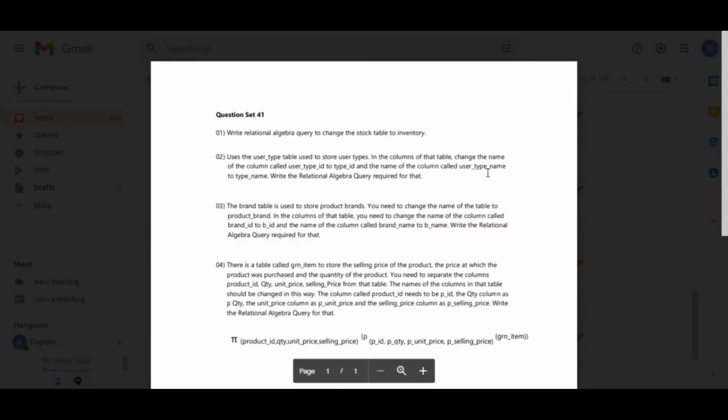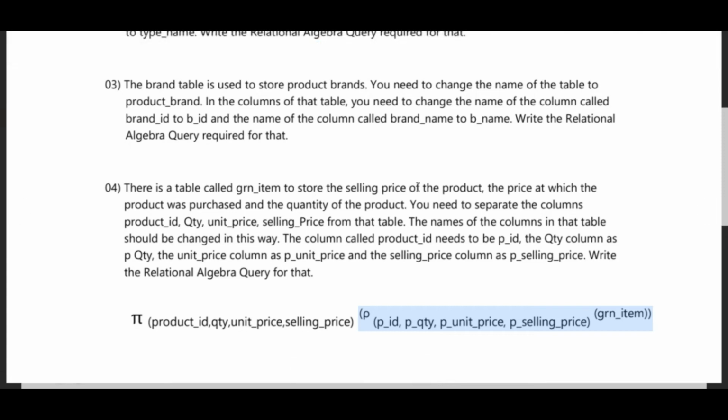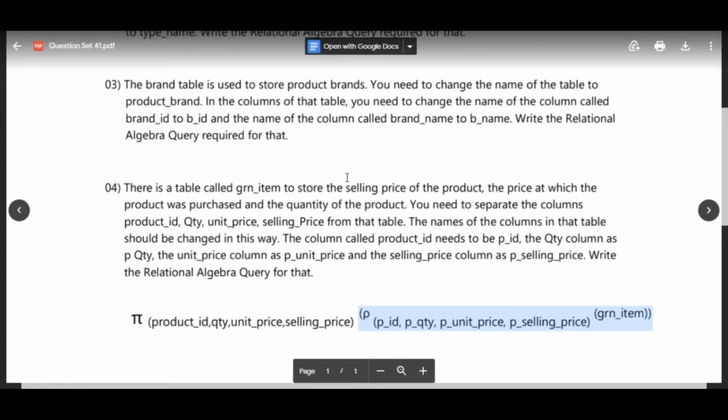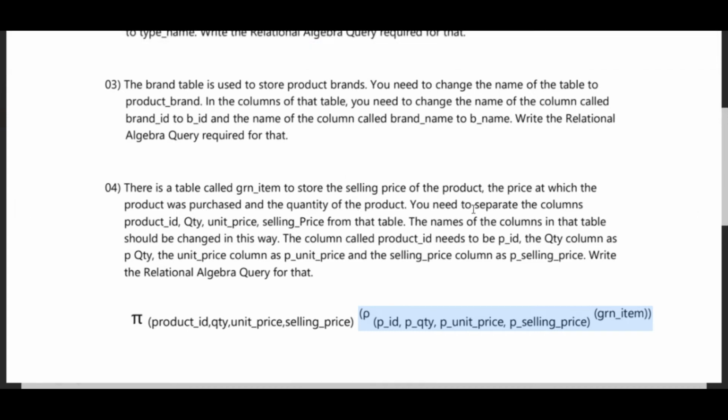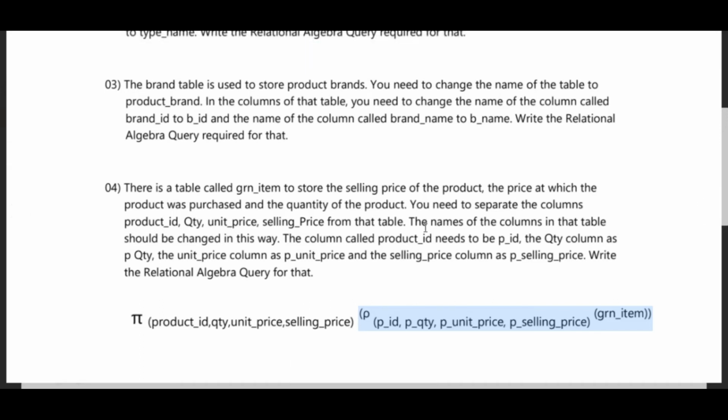So we can move on to question 4. The fourth one: there is a table called GRN item to store the selling price of the product, the price at which the product was purchased, and the quantity of the product. You need to separate the columns product ID, quantity, unit price, selling price from the table. The names of the columns in that table should be changed in this way.